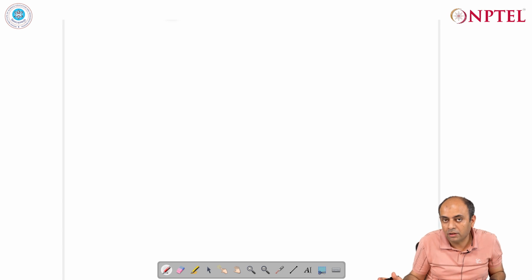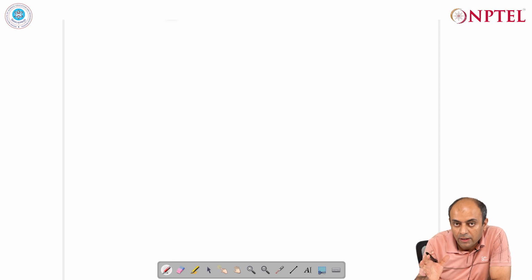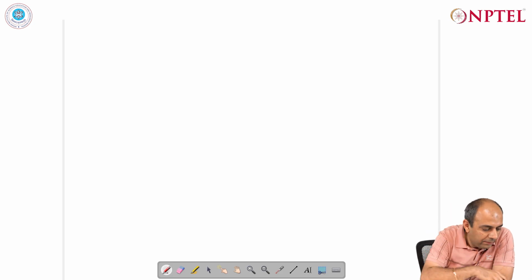scientists started designing different kinds of supramolecular cages, where they felt that this supramolecular cage can give the necessary environment for the organic transformations to take place.